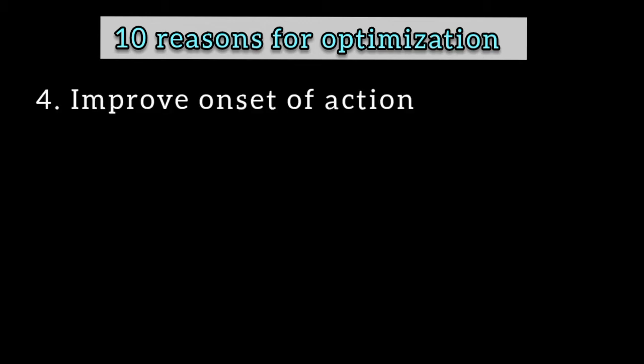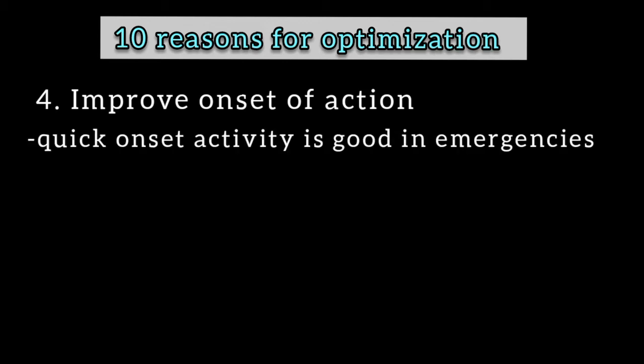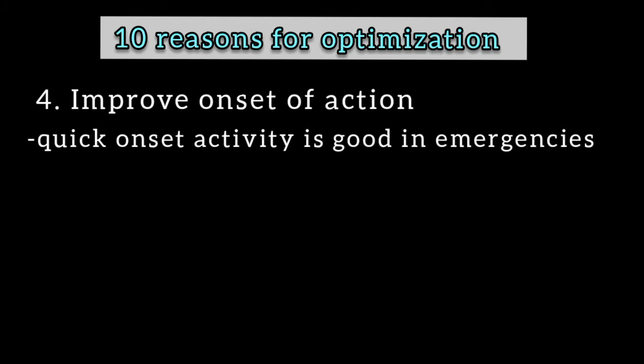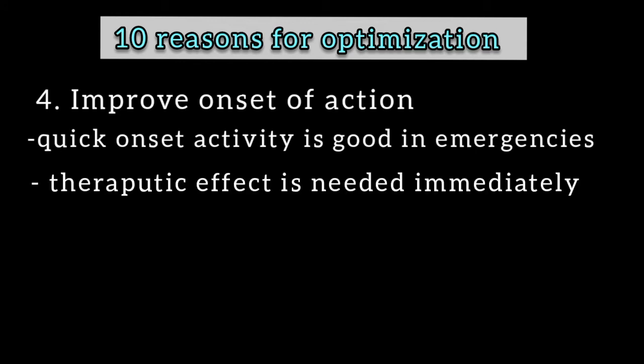Now we're going to move on to the next reason, which is to improve the onset of action or effect, to have quick onset of activity, which may be necessary in emergency situations, life or death type of situations, where you need to have an immediate therapeutic effect to potentially save a patient's life, and a quick onset is very, very important.